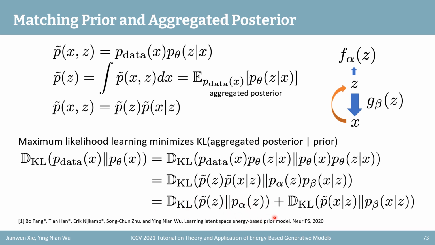Based on this term, we can see that the model seeks to minimize this term in addition to another term that involves beta. So at least from the first term, we see that maximum likelihood learning seeks to match the prior model to the aggregated posterior distribution. This helps us solve the discrepancy between the prior and aggregated posterior in the traditional variational autoencoder model.